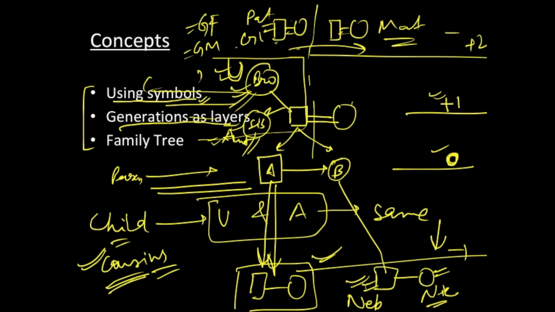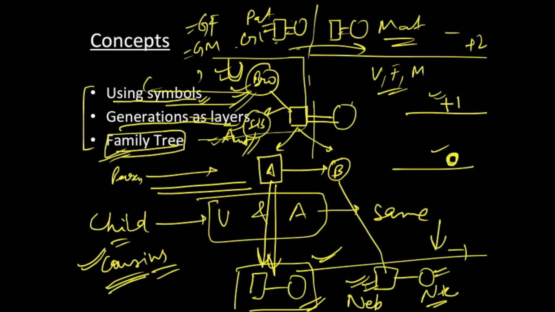Cousins and siblings are going to be in the same generation. Uncles, fathers and mothers are going to be in the same generation, that is one generation above you, and nephew and niece are going to be in the generation of your sons and daughters, that is a generation below you. So once you draw a diagram involving all the relationships and all the people involved, you get a family tree.